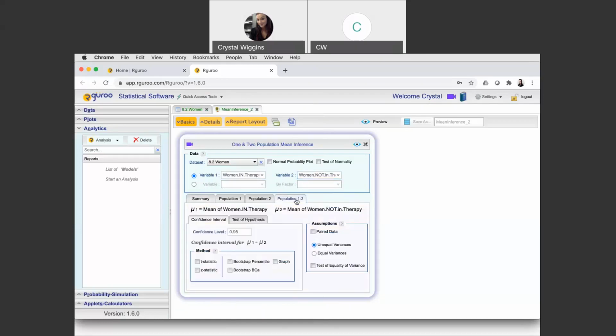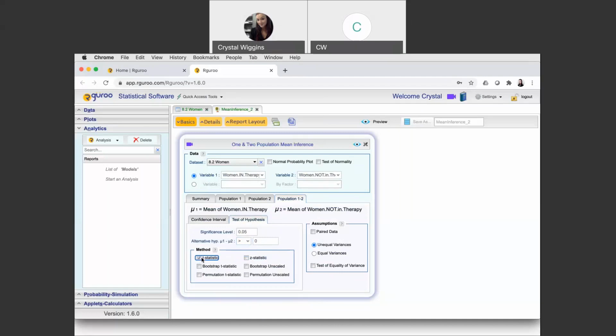If we head over to population 1, 2, and to the hypothesis test we're trying to run, it's a 0.05 significance level. The alternative is that the difference is greater than 0. We're trying to show that the women in therapy will live longer. It's not a z-test statistic because these sigmas are not known, and the sample sizes are 20.